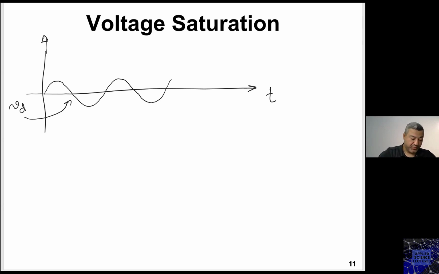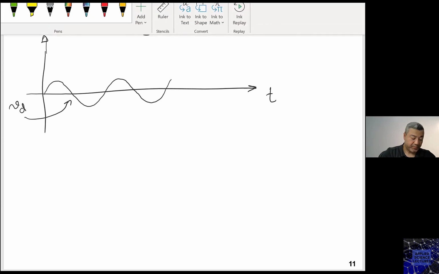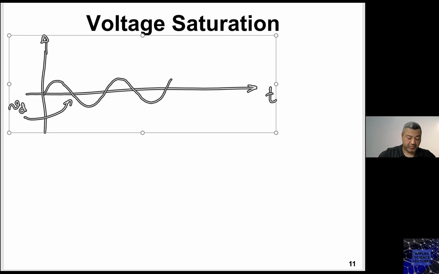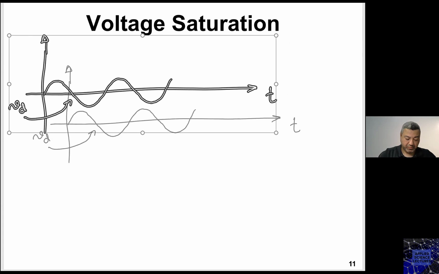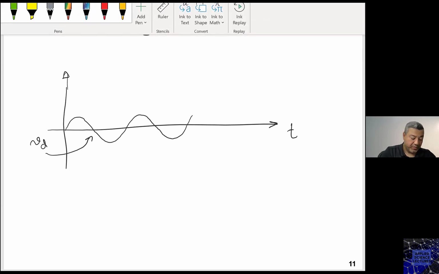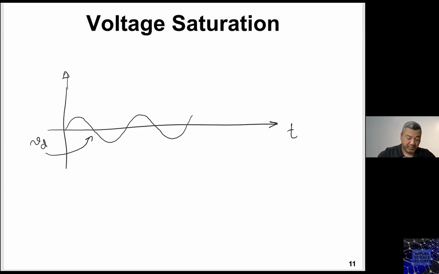Let's assume that A, the gain, is resulting in a magnification.